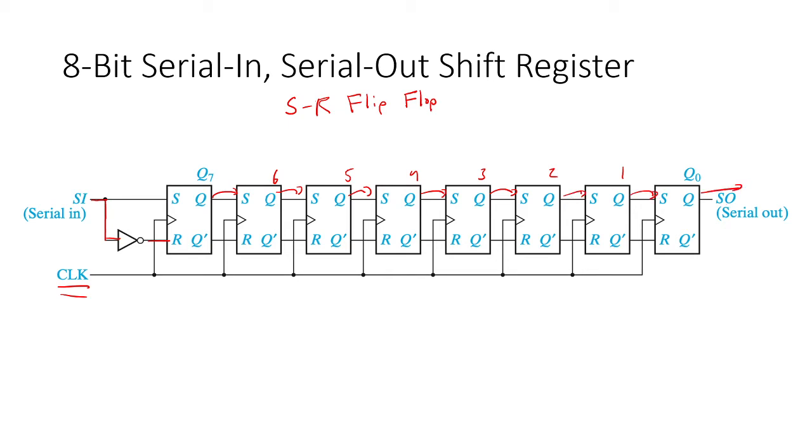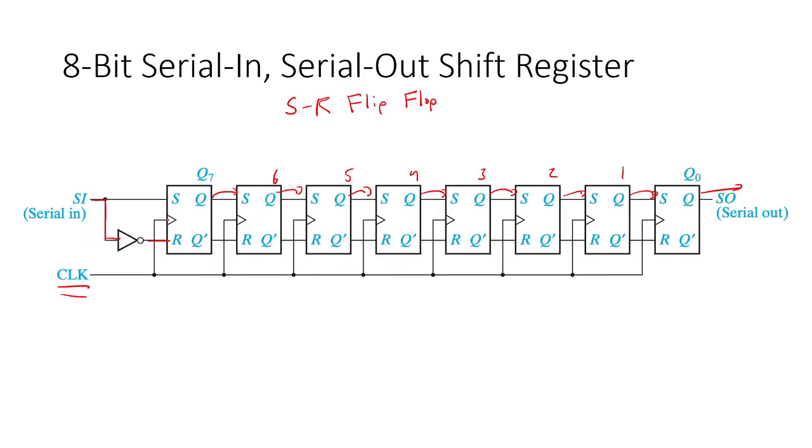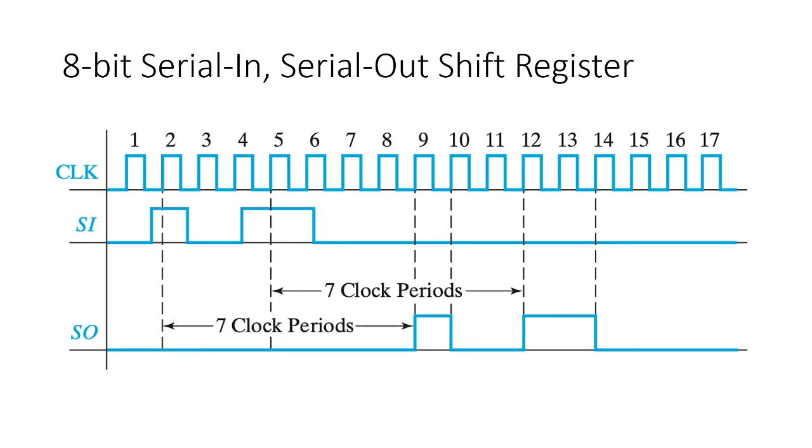So let's take a look at the timing diagram and see what that looks like. Right, we're only concerned now with serial in and serial out. So we've got our clock, it's running, it's doing its thing. We're triggering on the rising edge. So notice that since it's an 8-bit serial in, serial out shift register, from the very first rising edge that had a 1, we've got this pattern here, a 1 and then a couple zeros and a couple ones and then some zeros.